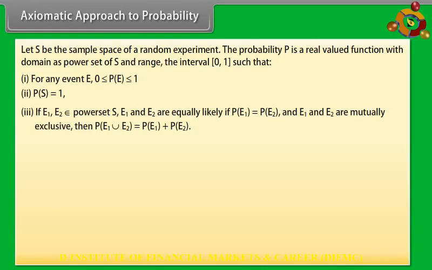If E1, E2 belong to power set S, E1 and E2 are mutually exclusive, then P(E1 union E2) is equal to P(E1) plus P(E2), where P(E) is called the probability of event E.